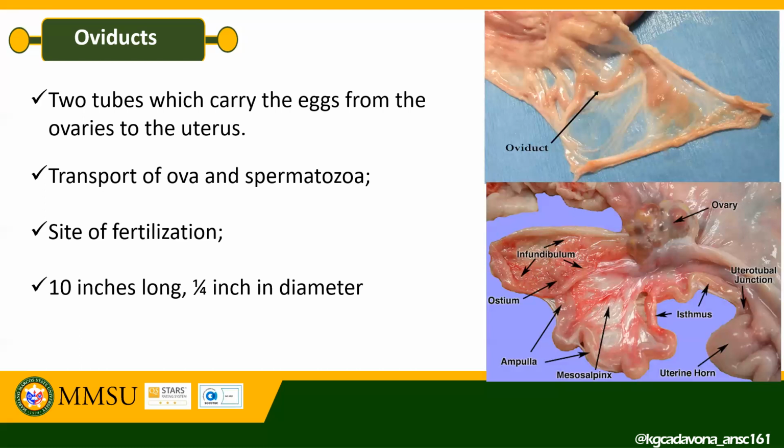Fertilization occurs here within 12 hours of ovulation. After fertilization, the fertilized ovum will eventually be transported to the uterus during a process that can take 3 to 4 days.